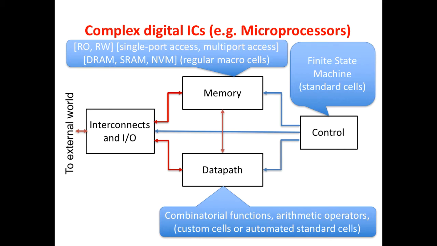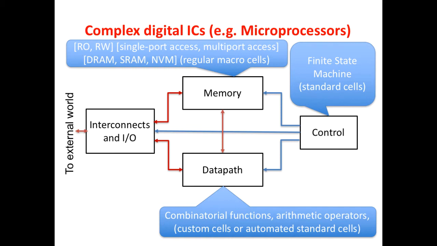I say here a memory block, but this block is formed by many different blocks, because we have read-only memories, we have readable and writable memories, memory with single port access, memory with multi-port access. Then we have different types of volatility of the memory. We have dynamic RAMs, static RAMs, non-volatile memories.